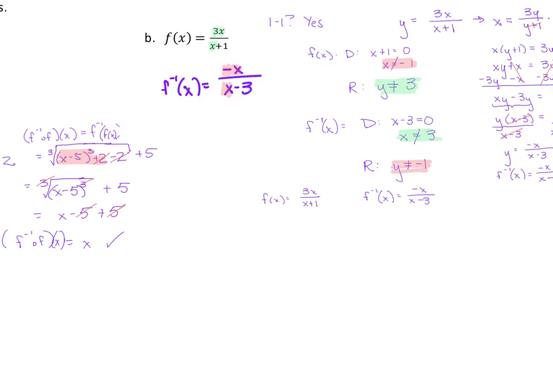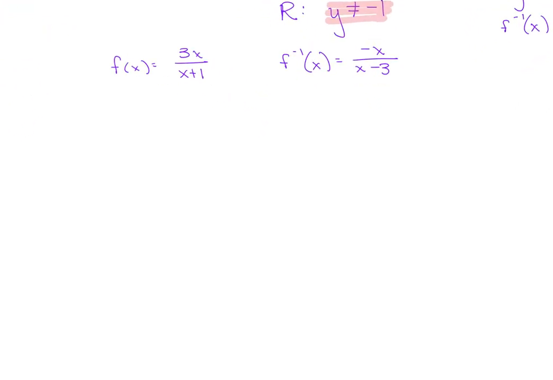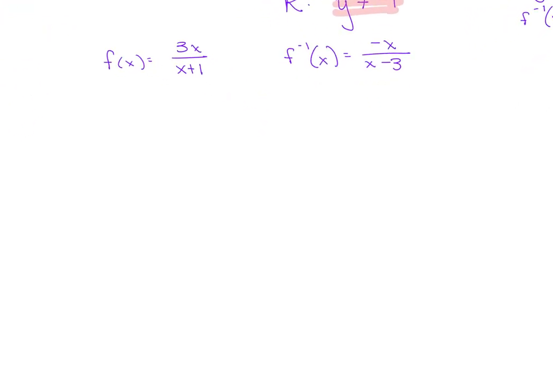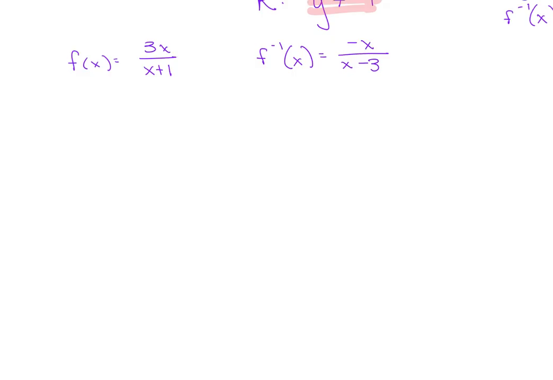All right, we had f of x equals 3x over x plus 1. And our inverse function was -x over x minus 3. Is that right? Yes, it is. Okay, so now let's see what happens when we compose these.